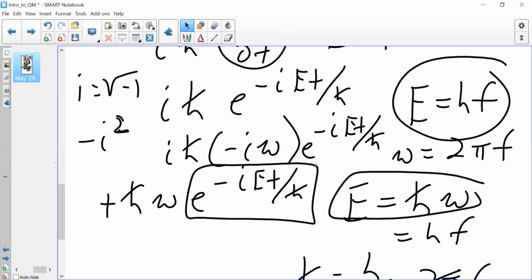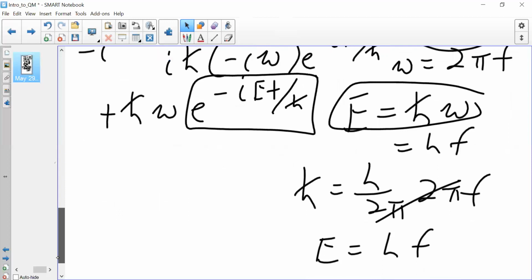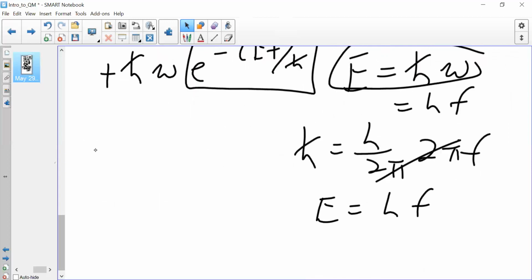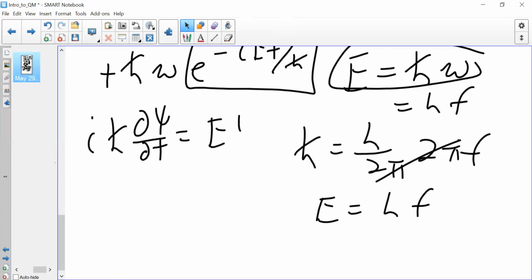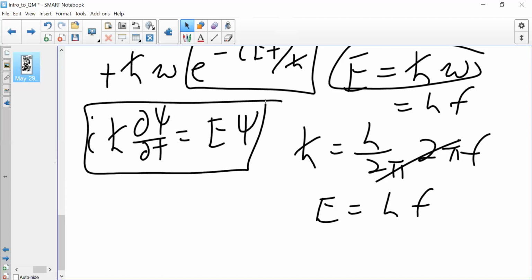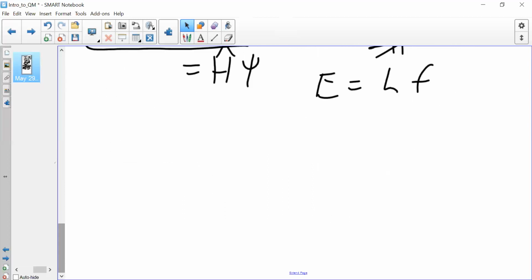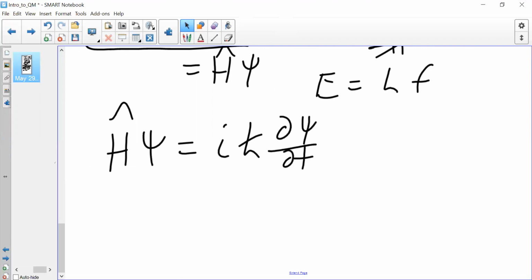We know that this is psi, therefore, we've proven it. iħ ∂ψ/∂t is equal to Eψ, which is also equal to the Hamiltonian H hat psi. So at the end of the day, we've proven that H hat psi equals iħ ∂ψ/∂t is equal to Eψ.